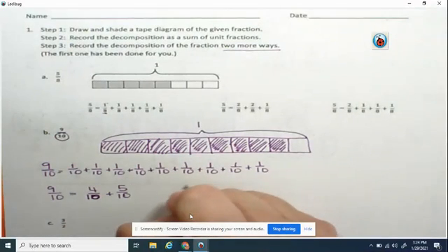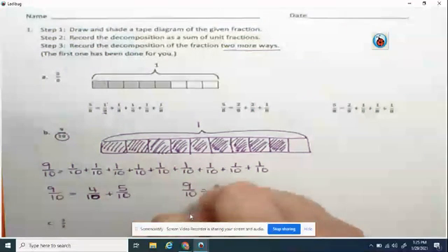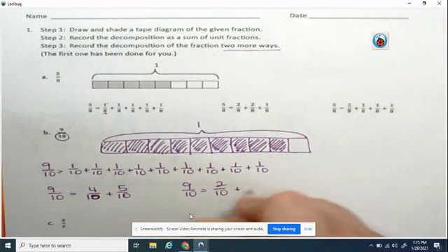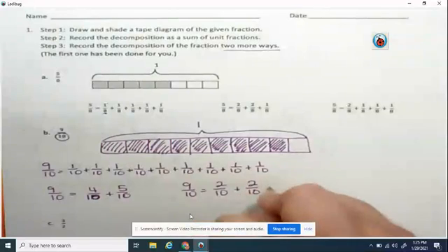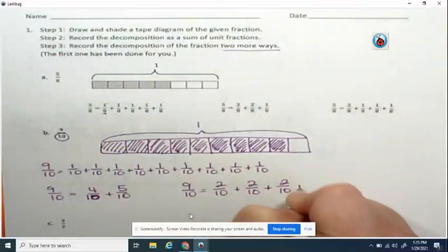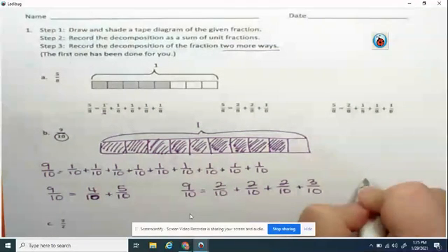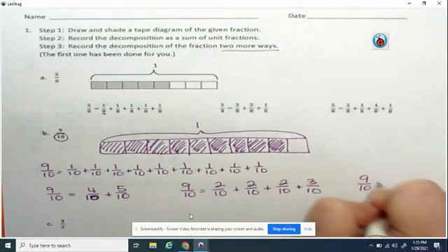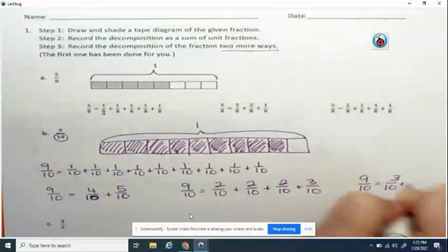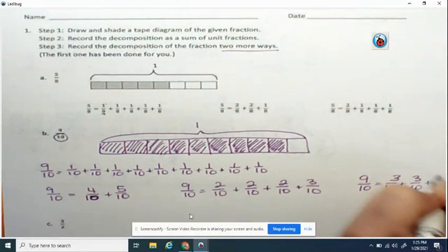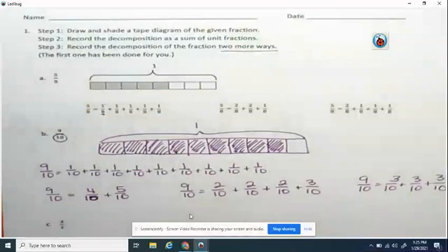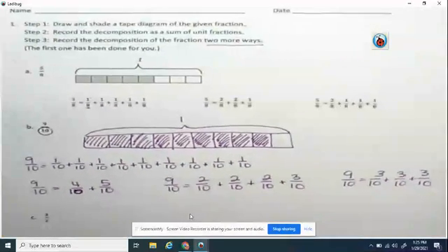I could do 9/10 is equal to 2/10, plus 2 more, that's 4, plus 2 more, that's 6, plus 3 more, that makes 9. Or I could do, Miss Collins is going for extra credit, 3 of them. 3/10 and 3/10 and 3/10, because 3 3s makes 9. So all of those are ways to decompose, or break apart, 9/10.